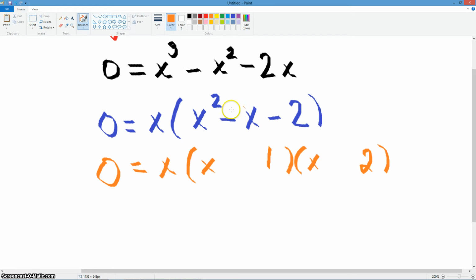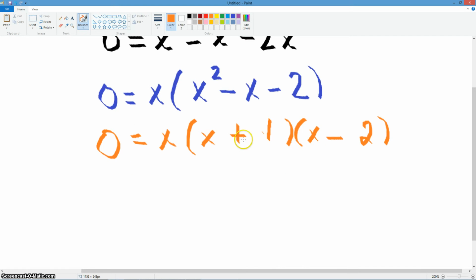Now I'm trying to get a negative 1x. That only happens if I have a negative 2 and a plus 1. How do you know if you factored correctly? FOIL these two out, and you should get the step above.